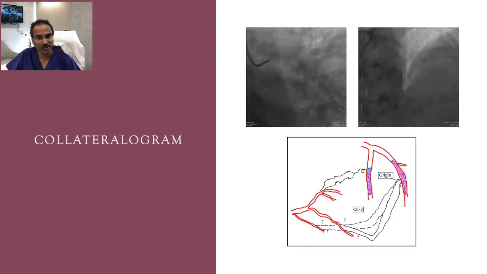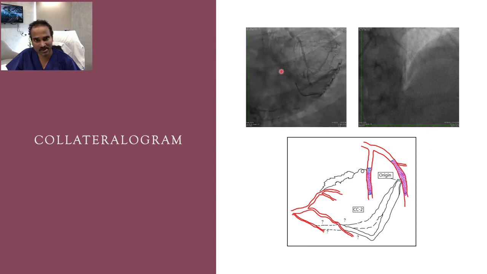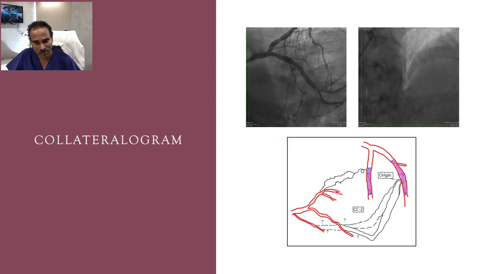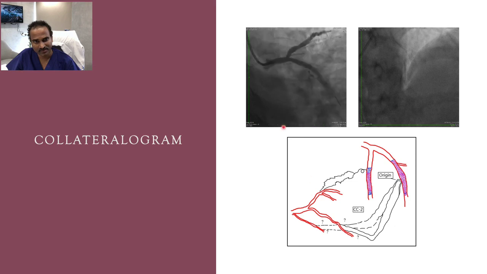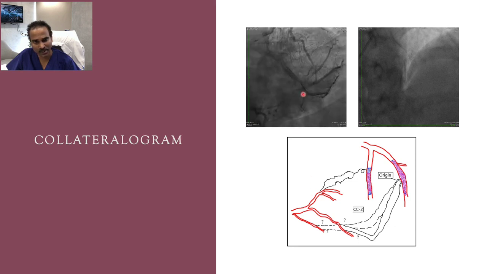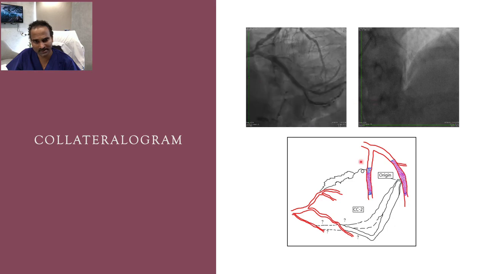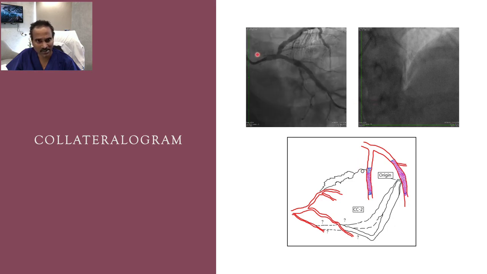Yeah, and coming to the collaterals present in this case, there are two collaterals. One is an epicardial collateral. You can see it is dividing into two and joining at the PLV branch. The size is good, though there are multiple loops inside the collateral, but the origin is tightly stenosed.